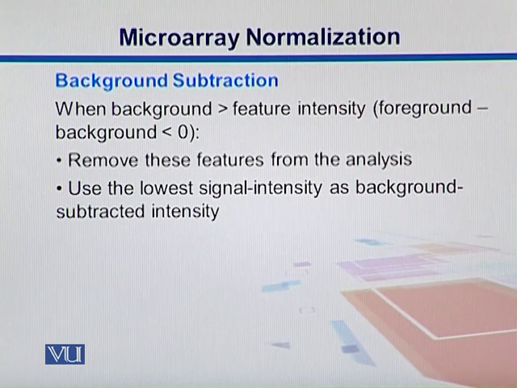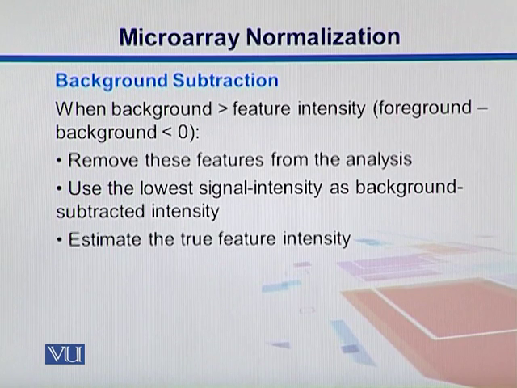We can use the lowest signal intensity as the background-subtracted intensity. In the whole slide we can get different grades of intensities depending upon the relative expression. So we can select the lowest signal intensity as the background-subtracted intensity, and then we can use that number in order to minimize this background feature.